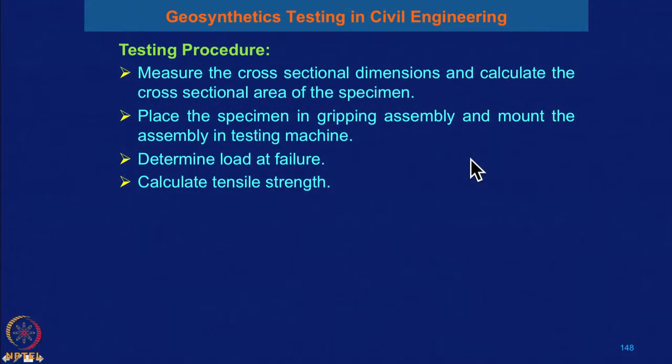In the testing procedure, you measure the cross sectional dimension and calculate the cross sectional area of the specimen. Place the specimen in the gripping assembly and mount the assembly in the testing machine. Determine the load at failure or break, and then you can calculate the tensile strength of the EPS geofoam material.